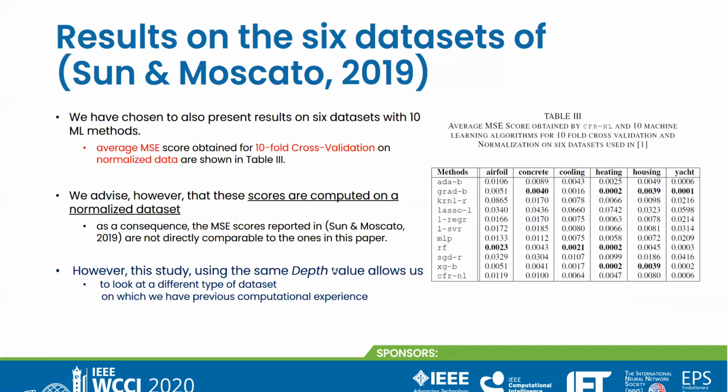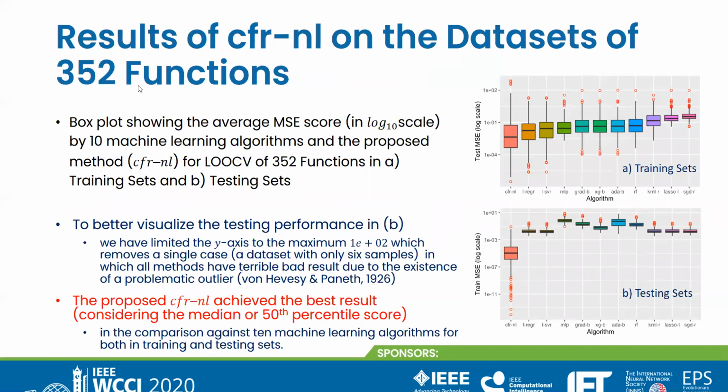And we wanted to see how the value of depth equal 4 will do in that case. So it was an initial testing of the waters to see how we will do. And then we apply it to the 352 functions dataset. That is the core of this paper.